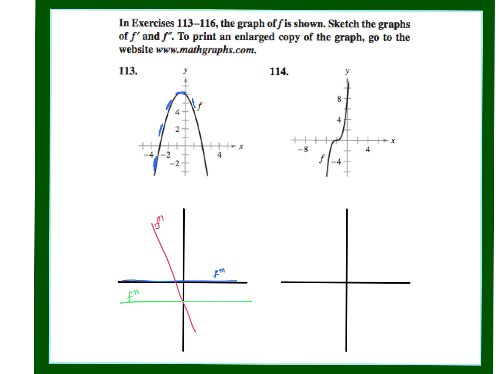All right, let's do it again. So what kind of function might that be? A positive cube. And so what would the derivative of a positive cube be? A positive quadratic. So that's what f prime might be.